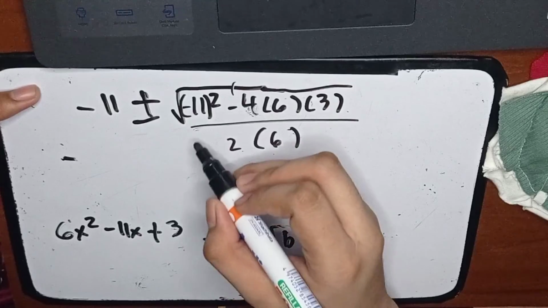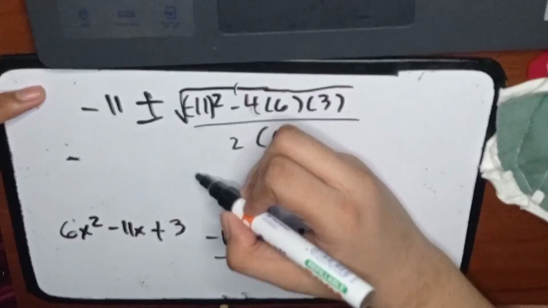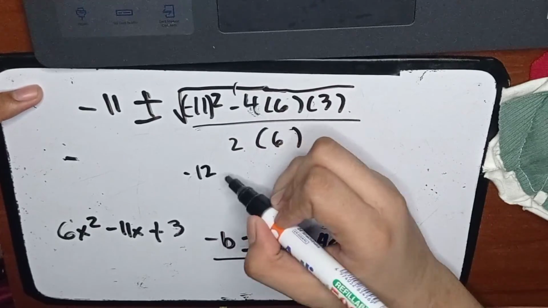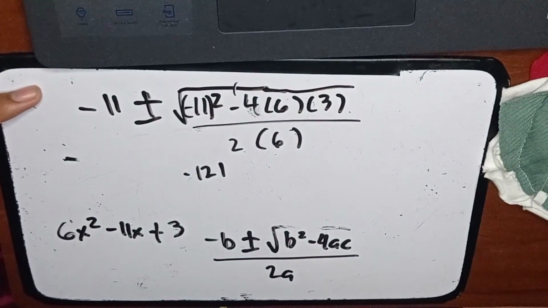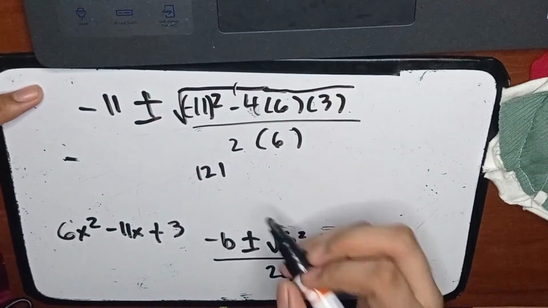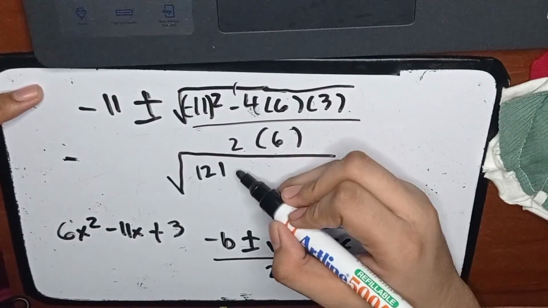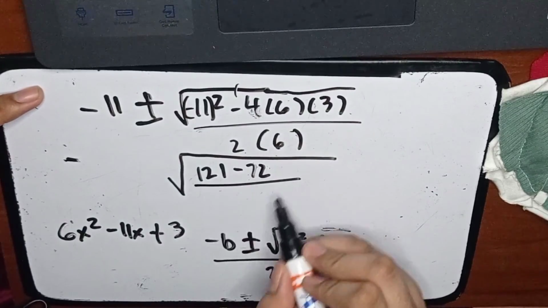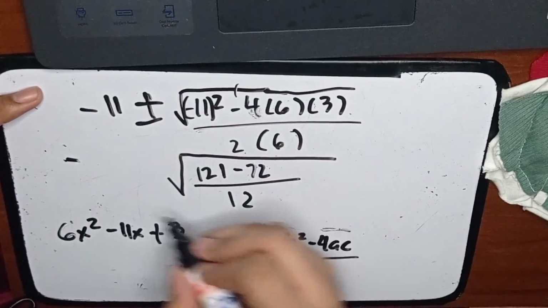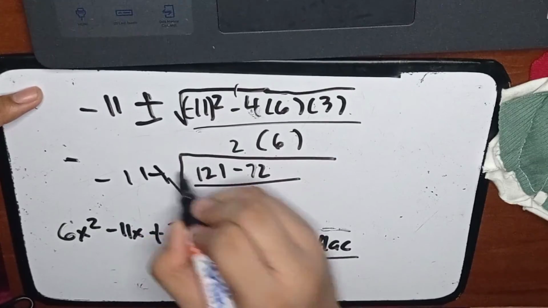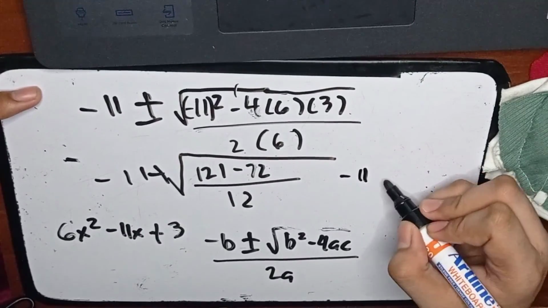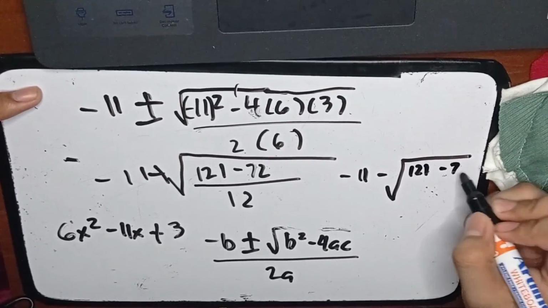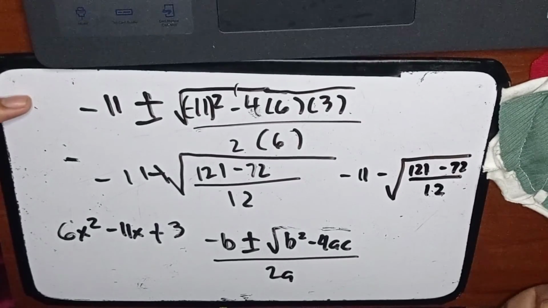And then negative 11 squared, we have 121. The square root of 121 minus 4 times 6, 24, times 3, 72, over 12.